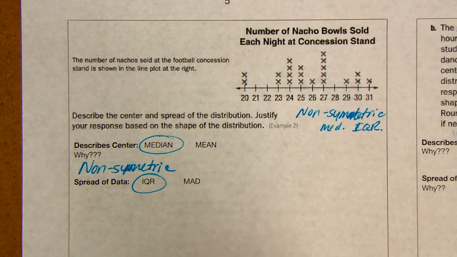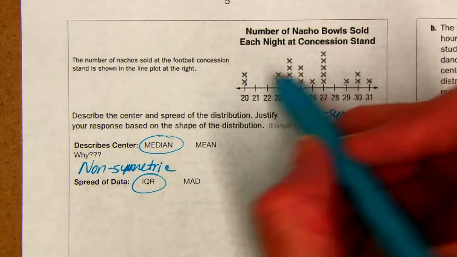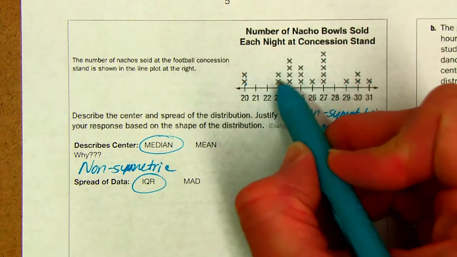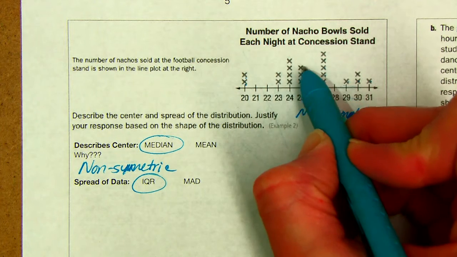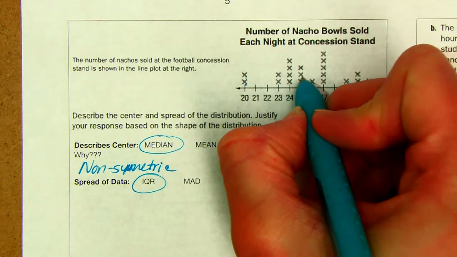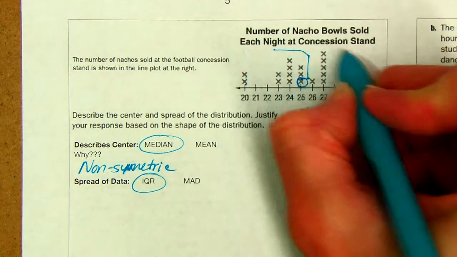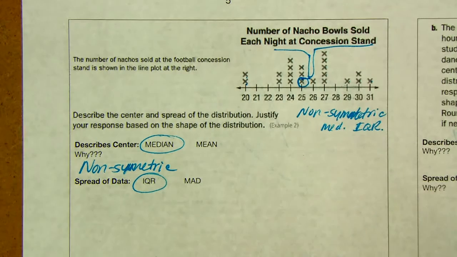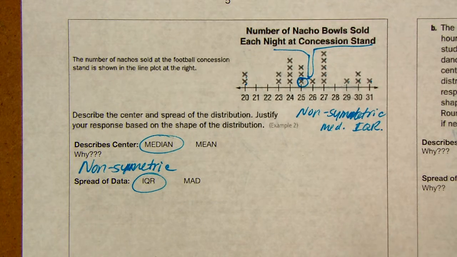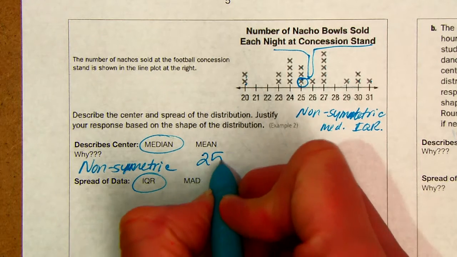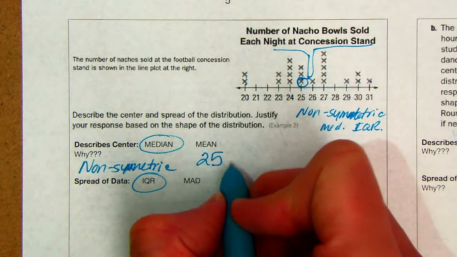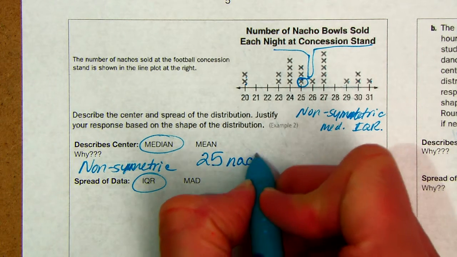There's my lower half, and here's my upper half. So the median is 25. 25 nachos sold.